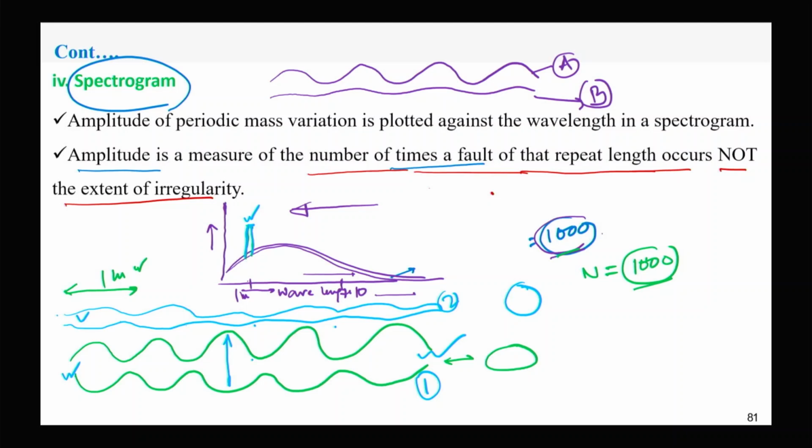But if we can identify the defective roller, then by analyzing the defective roller, we can get the idea.